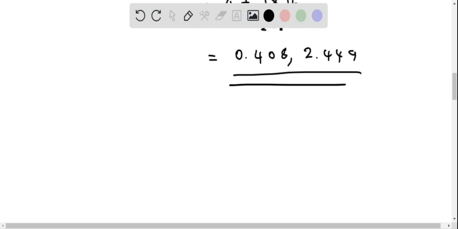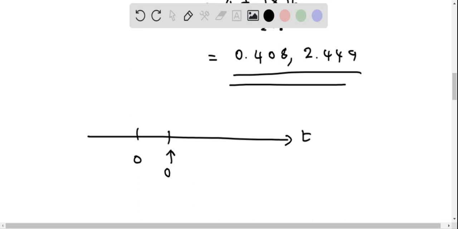Now to answer the question, that is in what interval it is greater than 100 degrees Fahrenheit, let's plot this on the number line. Let's say this is t. So this is 0 and this 0.408 I'm putting here, and 2.449 approximately over here.